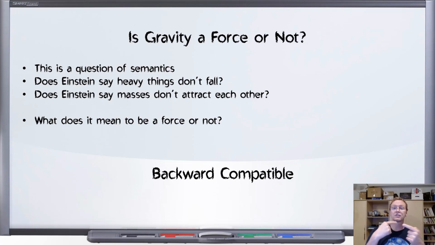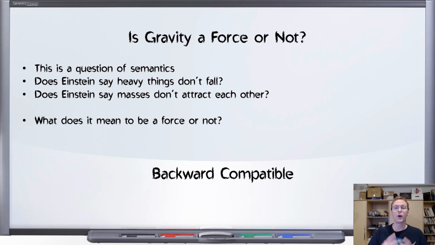As long as we understand each other and we don't get tripped up over the semantics, we can communicate just fine, which is why engineers and scientists use the language of mathematics to communicate. In the language of mathematics, it doesn't matter what you call it. The equation is there and it describes the nature of the behavior. And no one's going to get confused over what is and what is not a force.